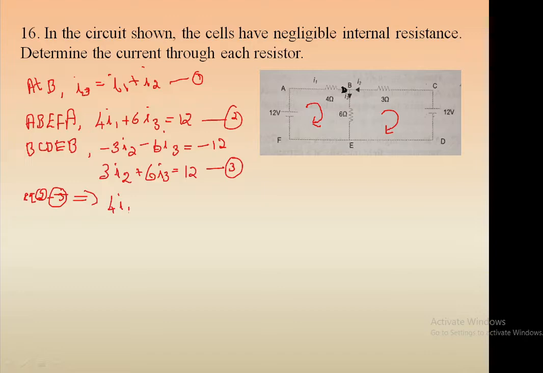The 6I3 minus 6I3 cancels. On the right side, 12 minus 12 is 0. So 4I1 equals 3I2. That is equation number 4.